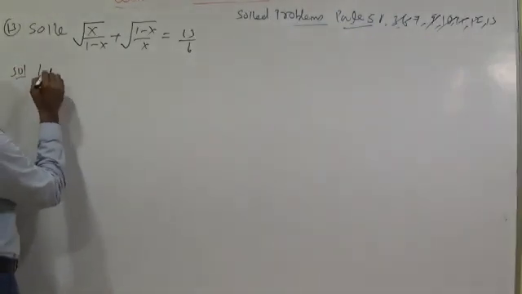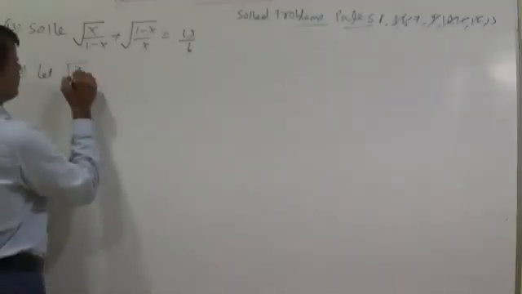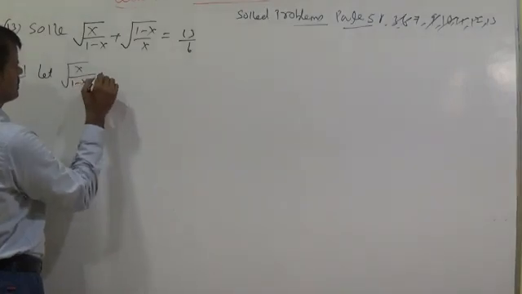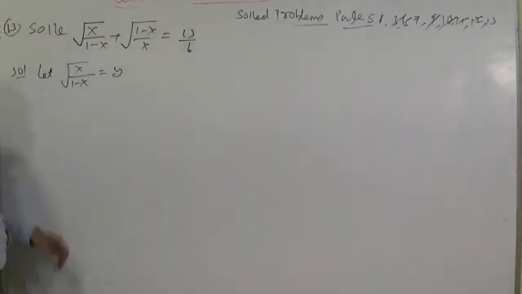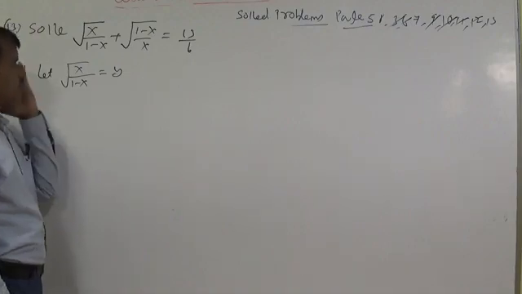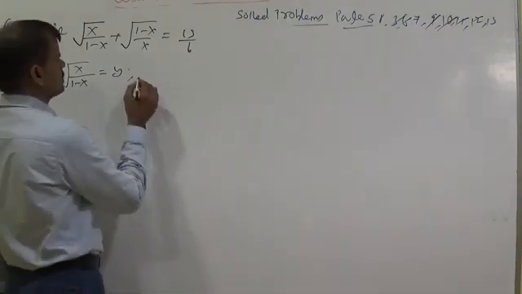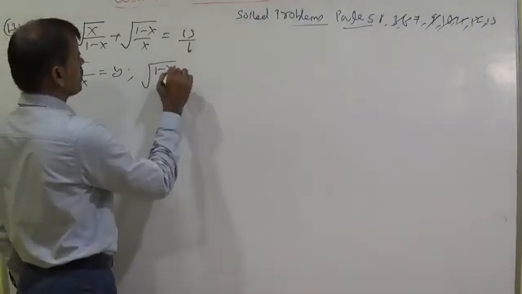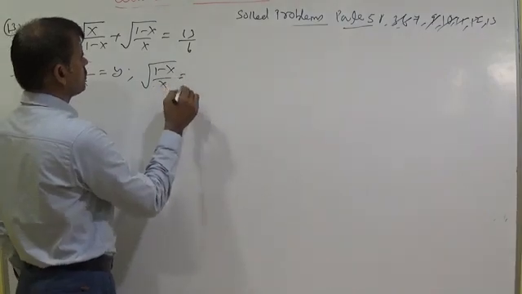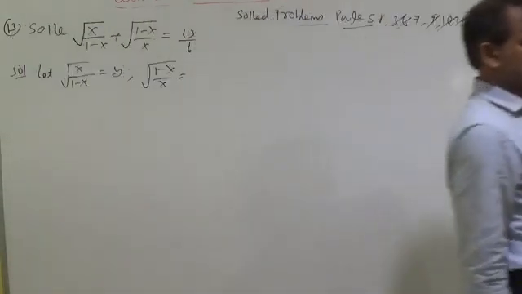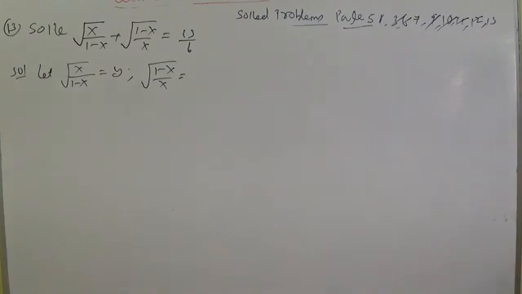Let root of x by 1 minus x is equal to y. Whenever you are writing root of x by 1 minus x is equal to y, root of 1 minus x by x is nothing but the reciprocal of this value, so it becomes 1 by y.